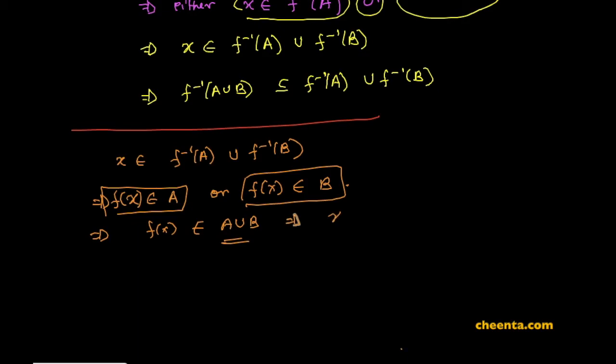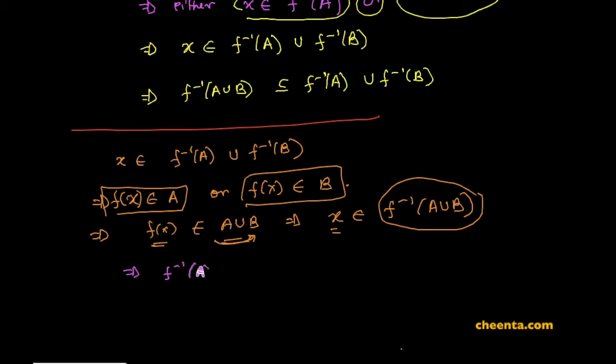But that would mean x is in f inverse A union B. Whenever fx lands inside A union B, x is in f inverse A union B. So we conclusively proved that f inverse A union f inverse B is a subset of f inverse A union B. Why? Because we picked an arbitrary element from this set and showed that it is inside this one.